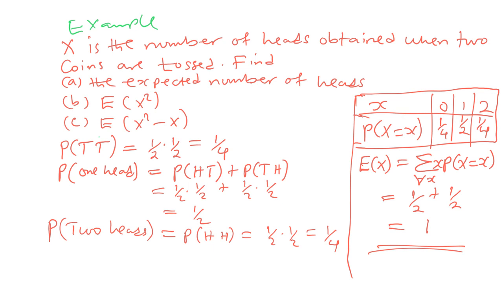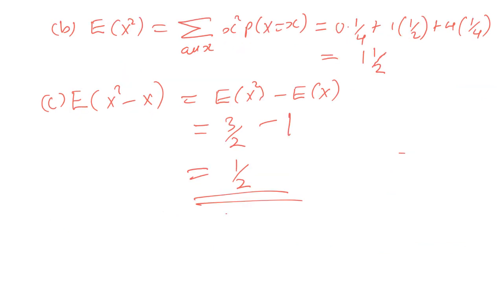Next is the expectation of x squared. Okay, so here we have been given a function x squared. So what is the expectation of x squared? Part B and C are really very simple. The expectation of x squared is x squared times the probabilities, and the values of x we have are 0, 1, and 2.